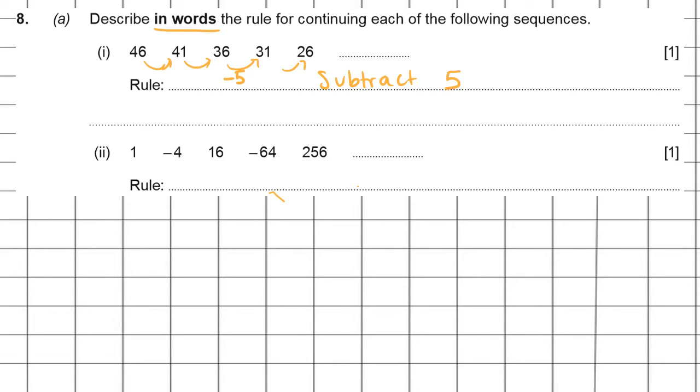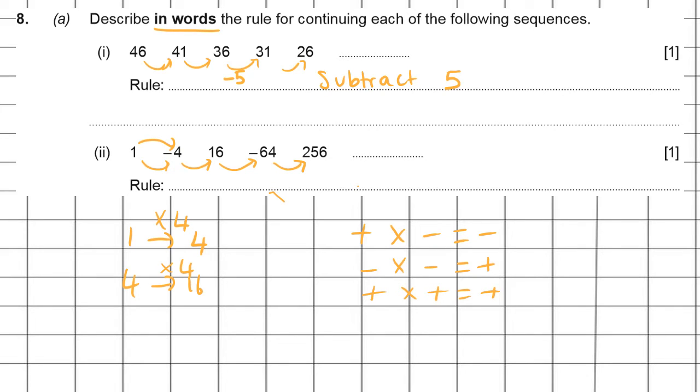Okay, and then this one, 1 to minus 4 to 16 to minus 64 to 256. Okay, so how do we get from 1 to 4 normally? Yeah, we times by 4, and how would we get from 4 to 16 normally? Times by 4, yes. Okay, so we know a plus and a minus makes a minus. Minus times a minus gives us a plus, and plus times a plus gives us a plus.